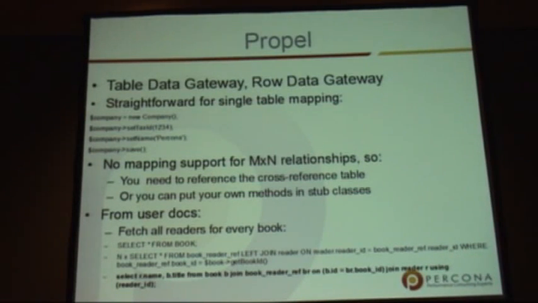The natural way to do it would be just to go with a straight join. And you can do this, but you have to modify the stub classes. So what I was saying is, if you need to do this a lot, it can make you question why you're using this at all.